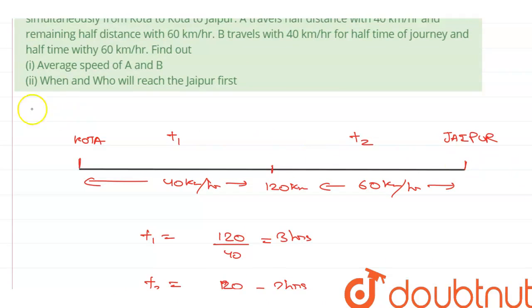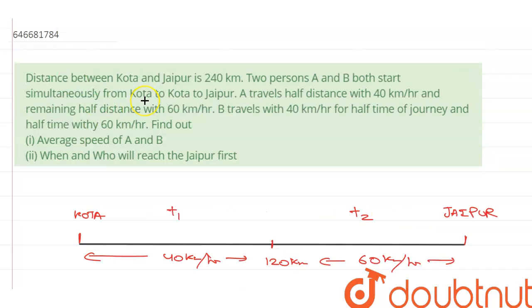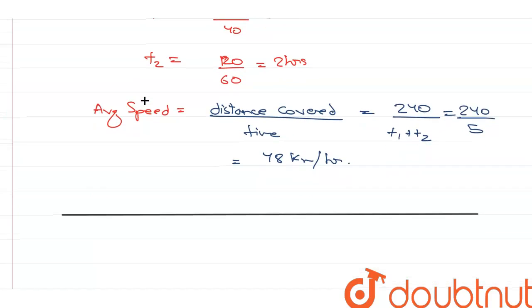Now let's talk about B. Now what B does is, B travels with 40 km per hour for half time of the journey and half time with 60 km per hour. So let's say once again this is Kota and this is Jaipur.